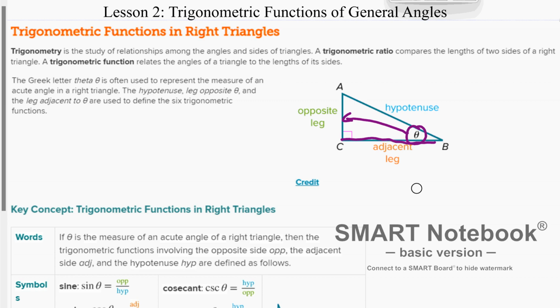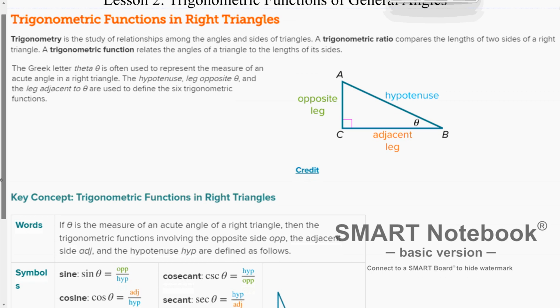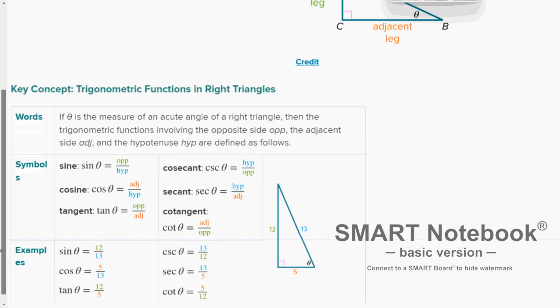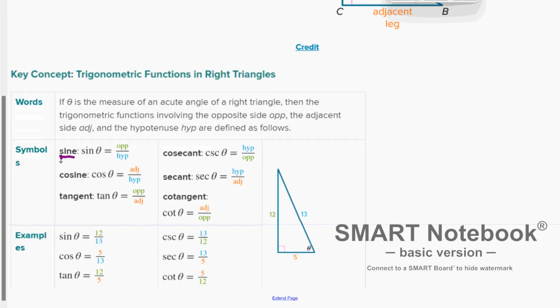Once you have those labeled, then we look at the ratios compared between any two of them. And that's where we get these words of sine, cosine, and tangent. For sine, we label it sin, cosine, cos, and tangent, tan. Those represent functions of an angle.